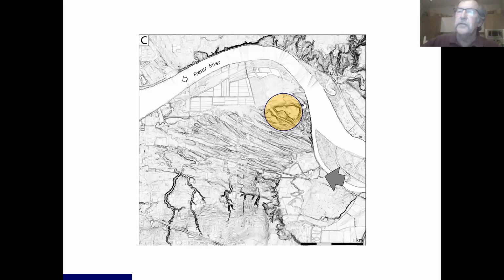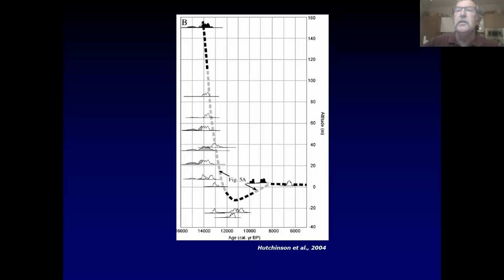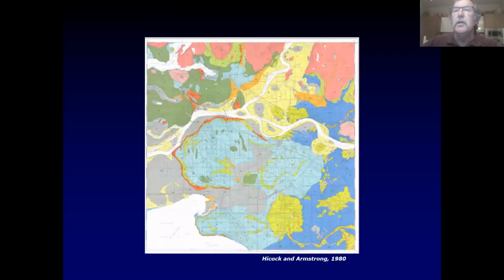I could be wrong, but that's kind of a supposition. So the sea level curve tells us when that delta formed, and therefore when the flood happened, or at least provides a maximum age of 13,000 years for when that flood happened.